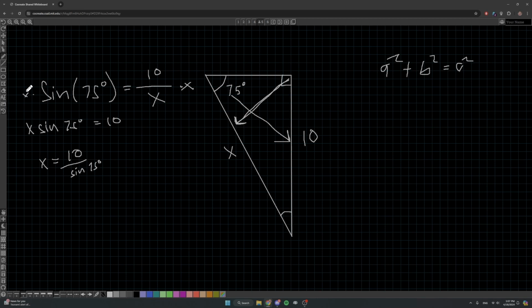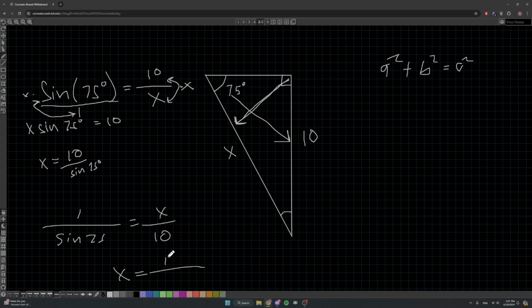But if you're a little bit quicker like me, then you'll just flip both sides of the equation. Basically, you pretend that this is sine of 75 divided by 1, and you flip this fraction, and then you flip this fraction. So you get 1 over sine of 75 equals x over 10. And finally, x equals 10 over sine of 75.